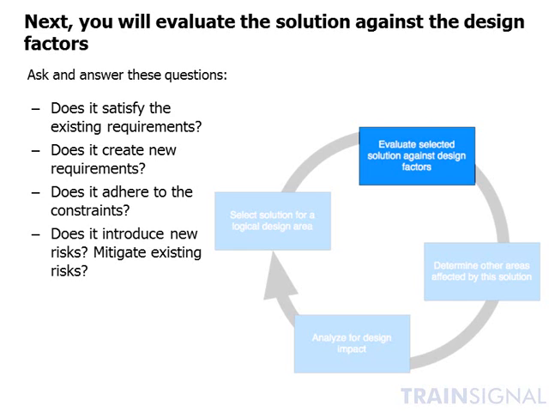If there was an existing risk that backups were not going to be completed within the time window specified, would the technology or product or configuration you've selected in this process mitigate that risk? These are the sorts of questions you need to ask yourself as you evaluate the solution against the guiding principles for the design factors. Now let's look at the third step in this process.